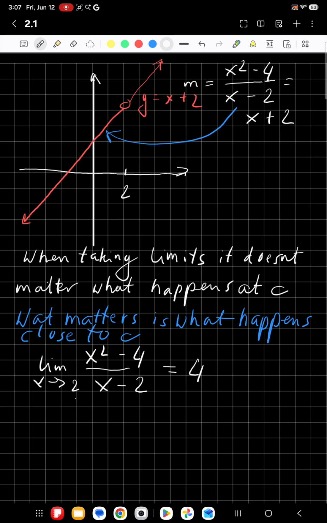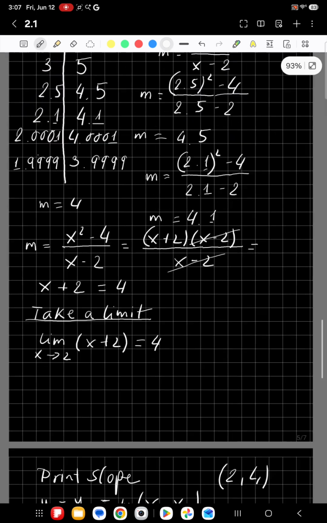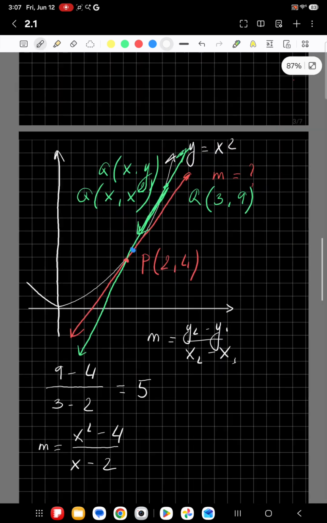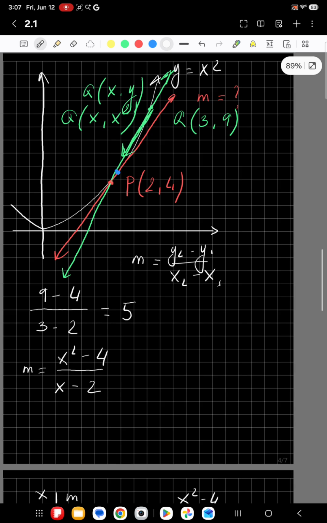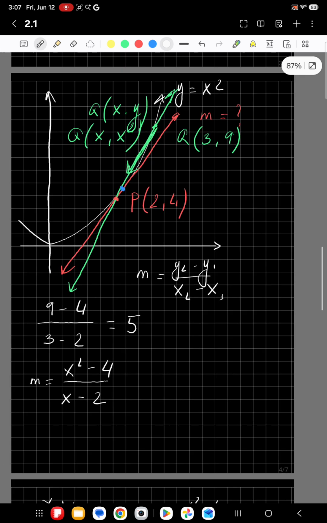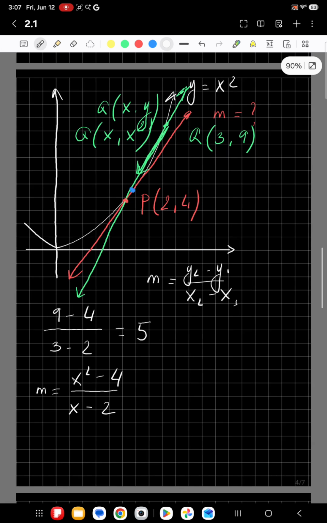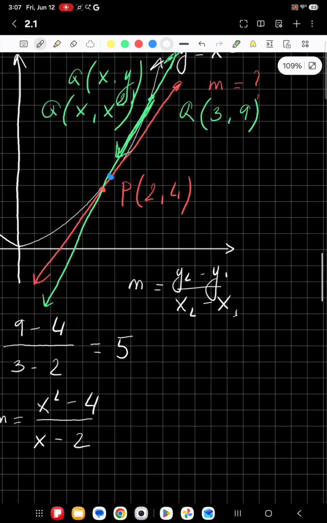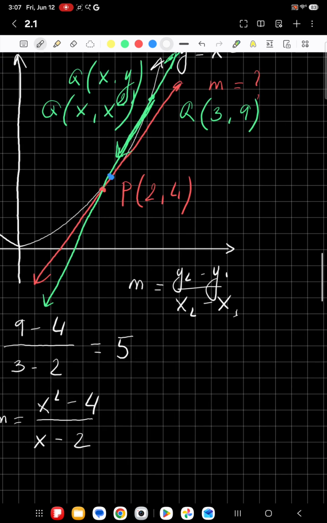All right, let me quickly go over what we just did. Our task was to find the equation, and this could be a graph of car velocity.